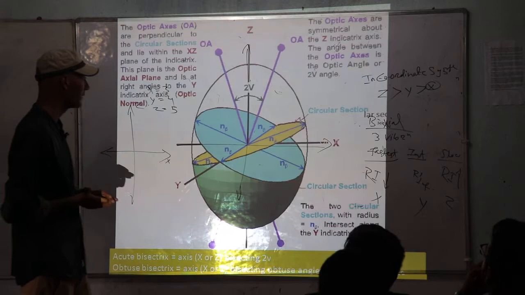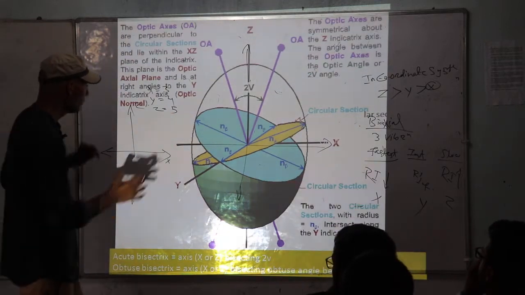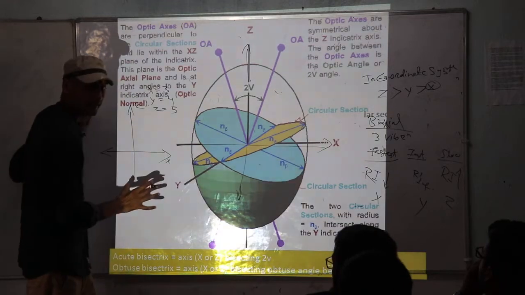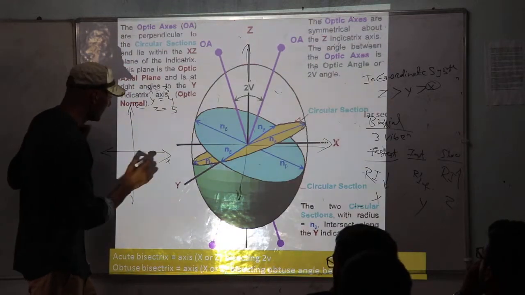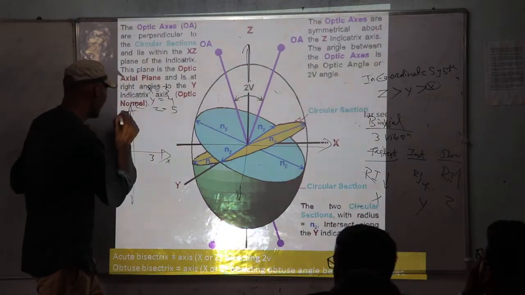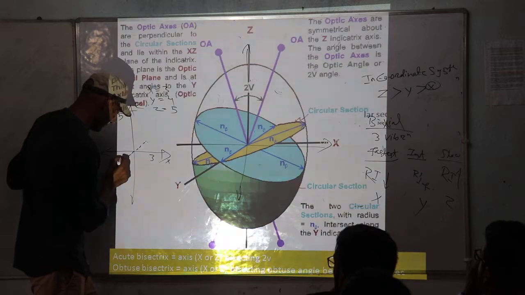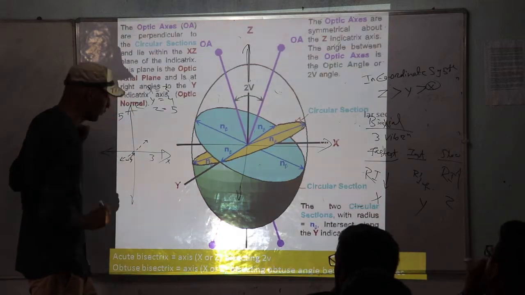These are different refractive indices; I am taking just an example to make you understand. X is the lowest axis, so I am representing 3 here, and 5 here. This will be my Y, and here I am representing 4.